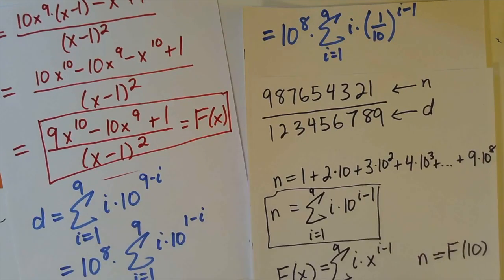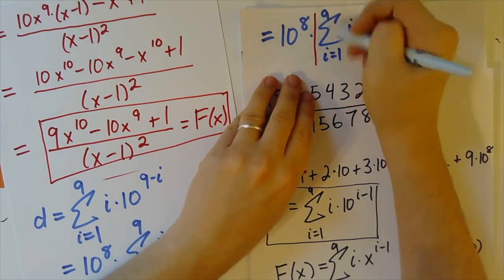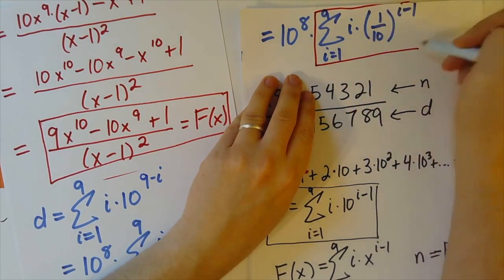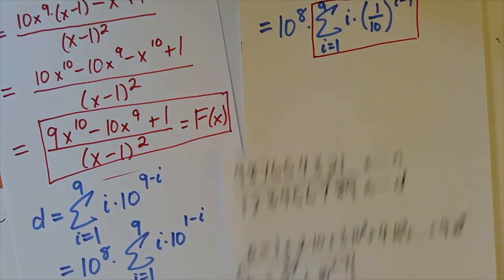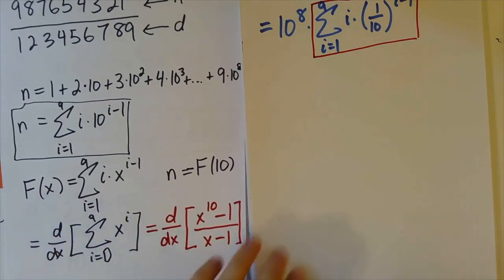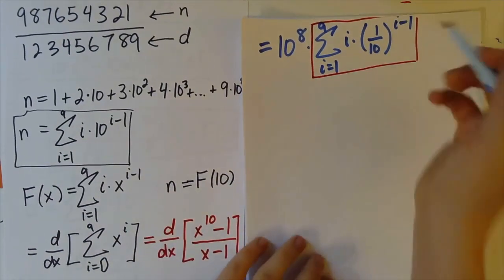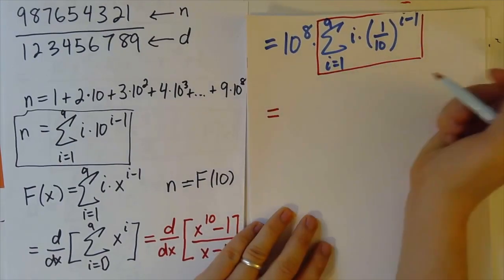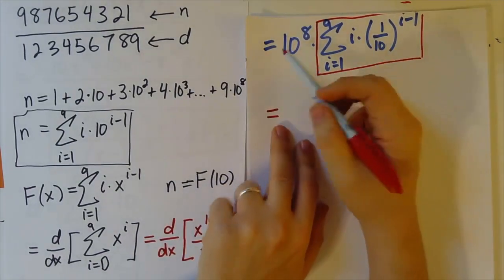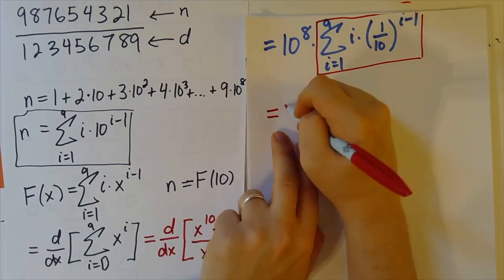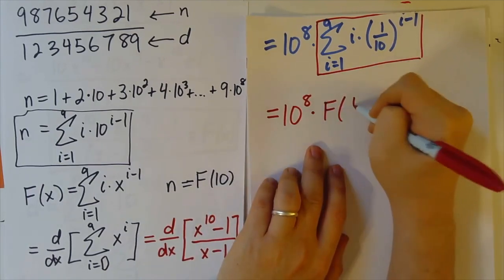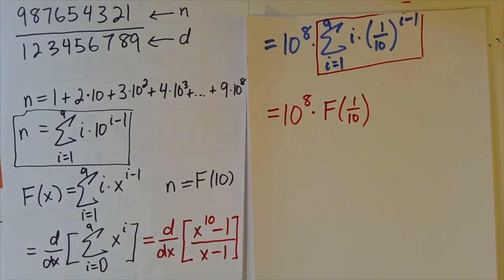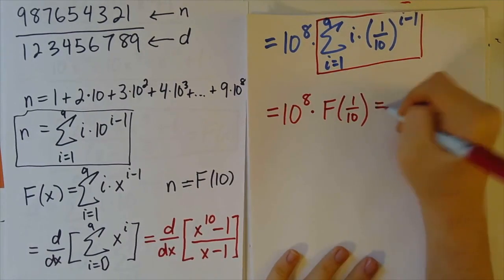And so in particular, this piece that we have right now, that's just that function f, but evaluated at x equal 1/10. So this big long string here of equalities lands at that the denominator here is 10 to the 8th times f of 1/10. That is our denominator.